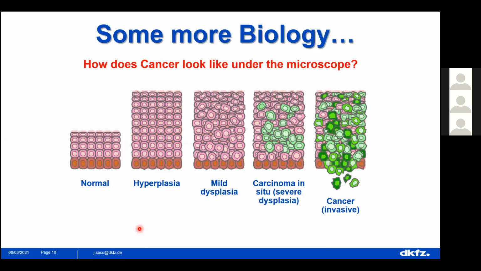Here is an example of how cancer looks when you grow it and view it under the microscope. It starts with a healthy set of cells, and you see the structure is very organized, very well defined. As you start to have hyperplasia, you start to see small pressure and growth. Then you see more mild dysplasia, and you start to have complete chaos. Eventually you can have the so-called extremely aggressive cancers that start to metastasize.